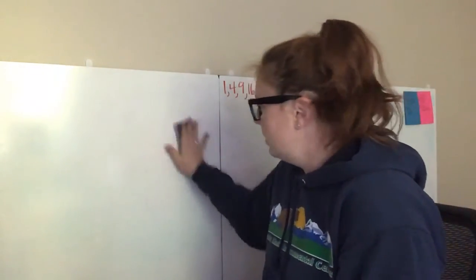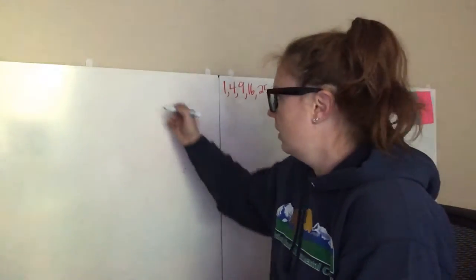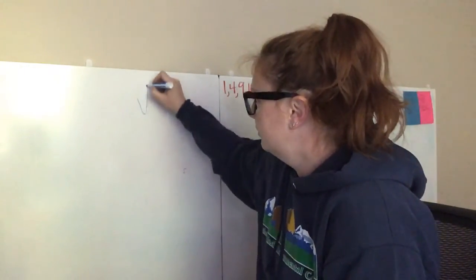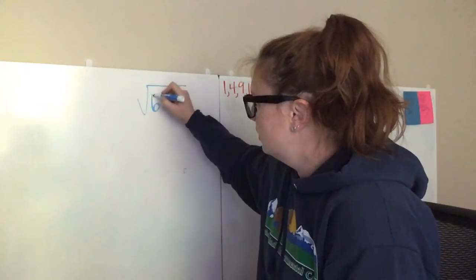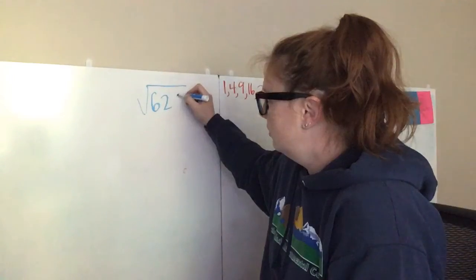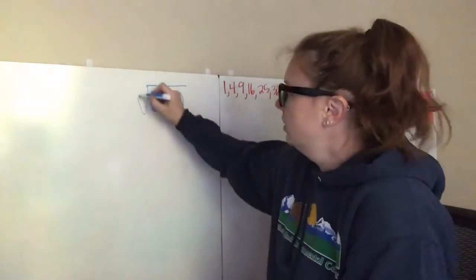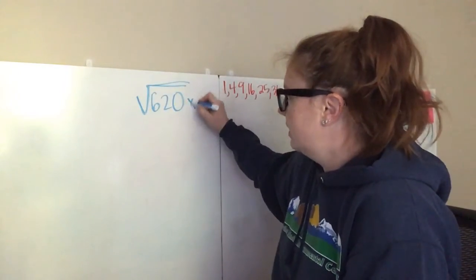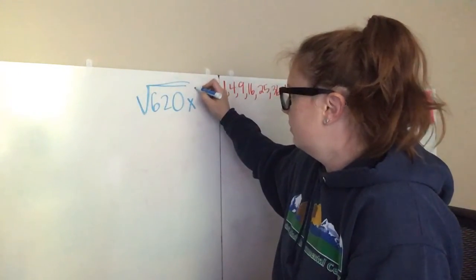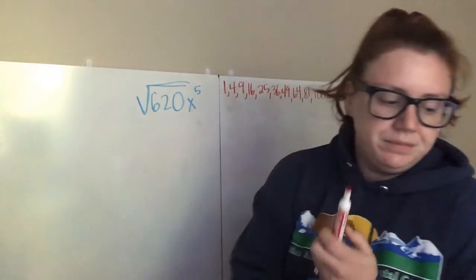Let's say you had a number like 620. So the square root of 620 x to the 5th. Why not?